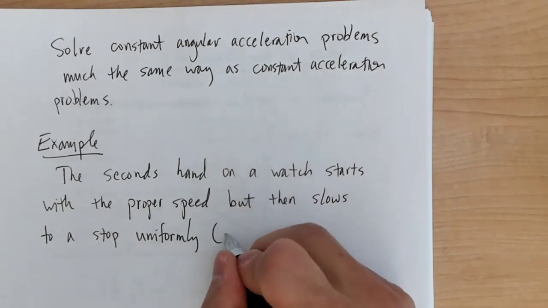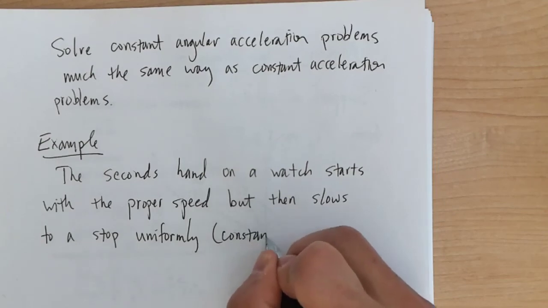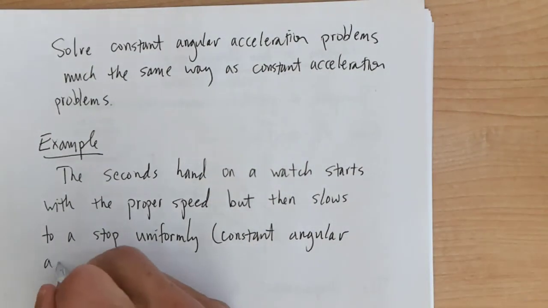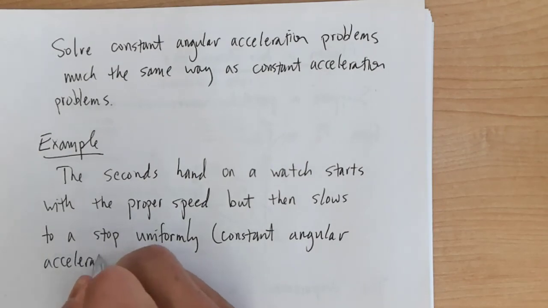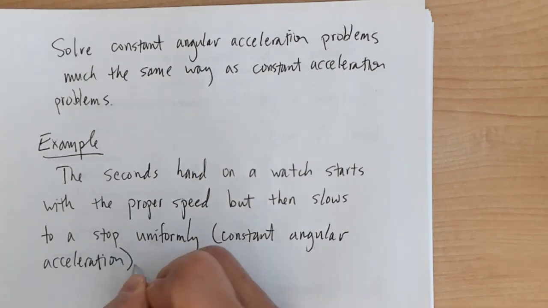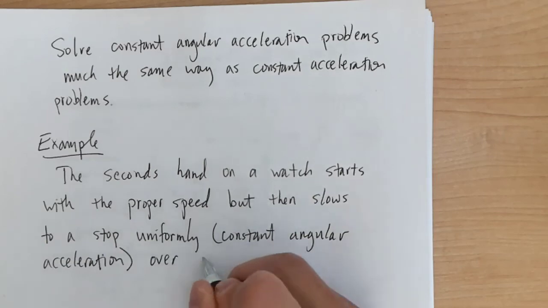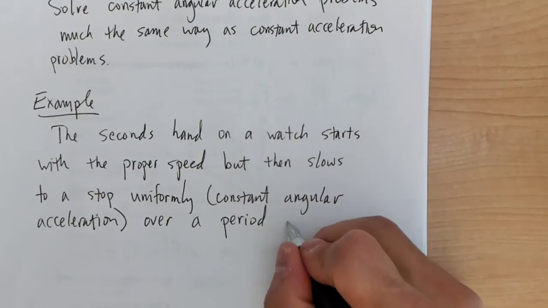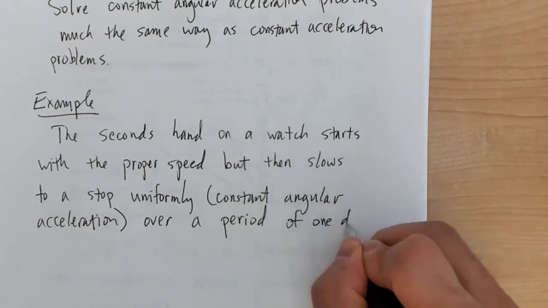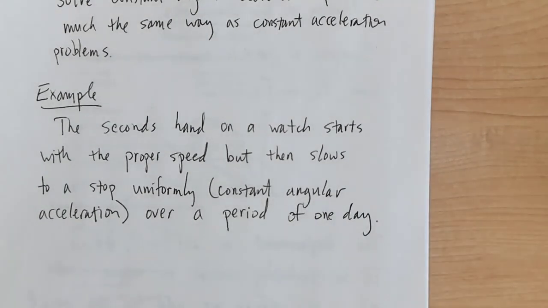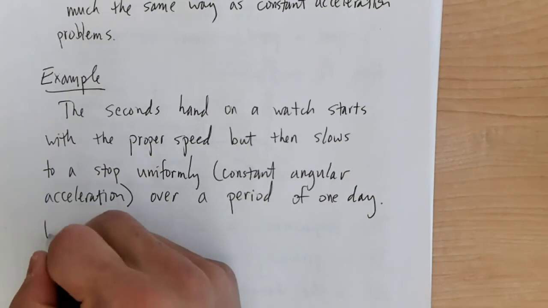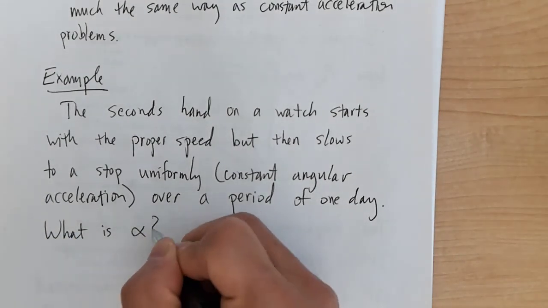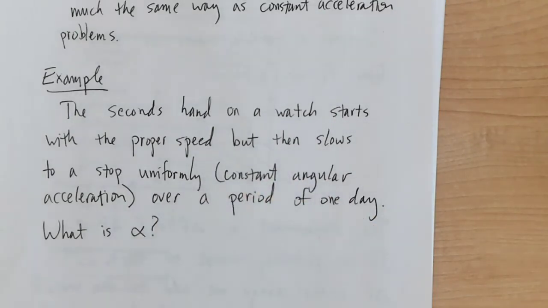By uniformly, I mean constant angular acceleration over a period of 1 day. The question is, what is the value of the angular acceleration?